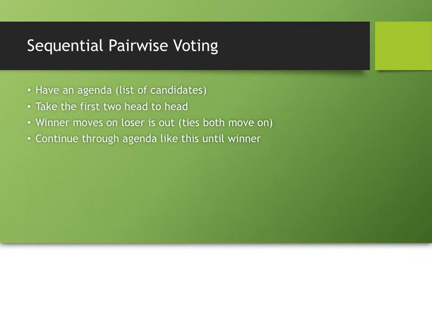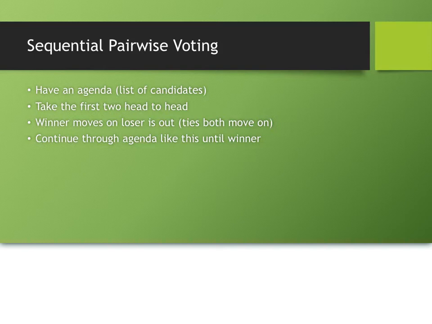So let's move on to a different method, and this method is called sequential pairwise voting. So you have an agenda, which by agenda I mean just a list of candidates, all right? And you're going to go head to head, each one at a time. The winner moves on and the loser is out.